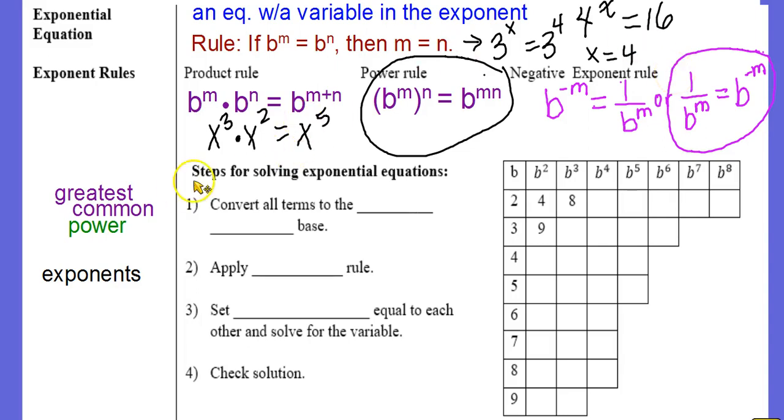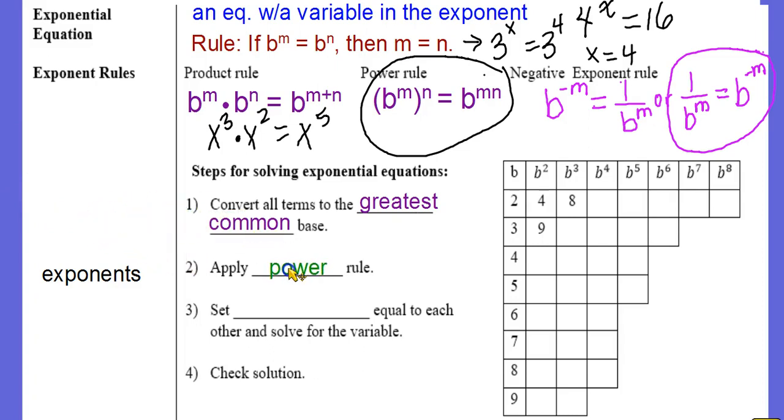All right, so here are the steps. If we're going to solve an exponential equation, we need to make sure to convert all of the terms to the greatest common base. We want them to be the same base so that we can solve the equation. And when we're done with that, switching colors to green, you're going to apply the power rule.